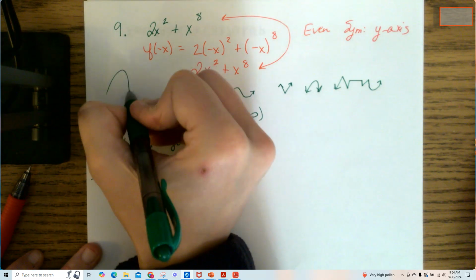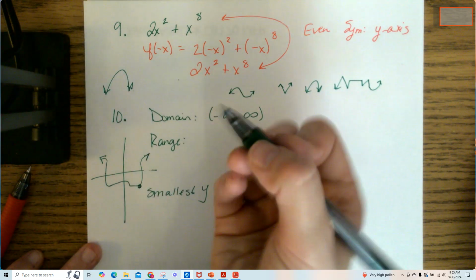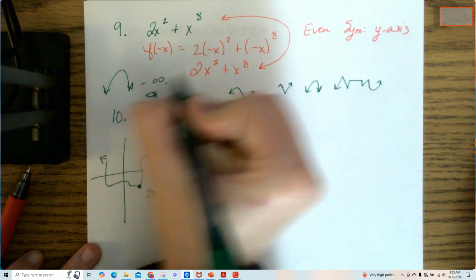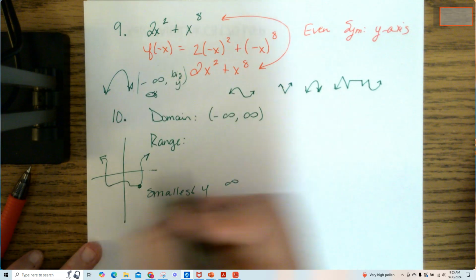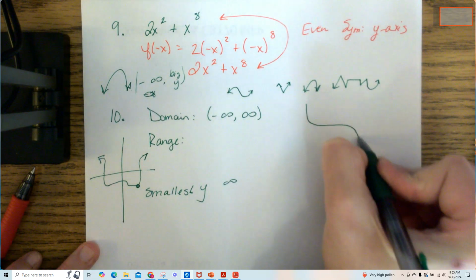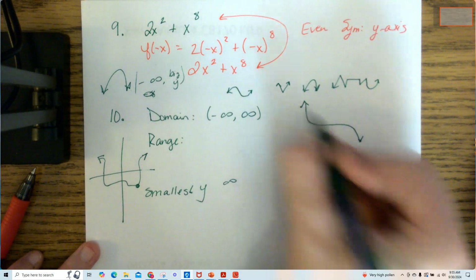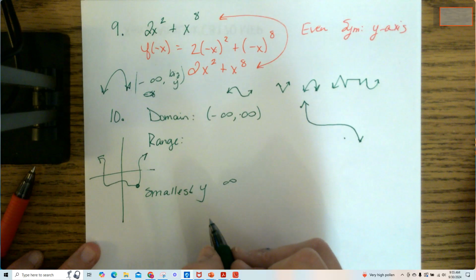If both ends are pointing down like this, it's negative infinity to your biggest y. If you've got two different ends, one going up, one going down, then it's negative infinity to positive infinity.